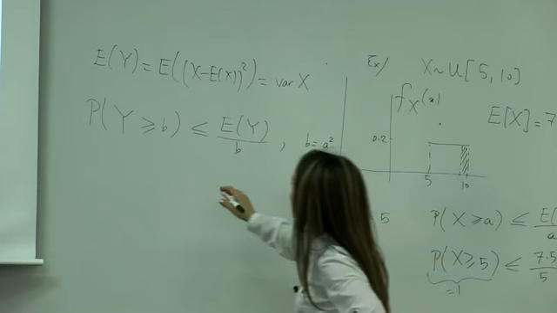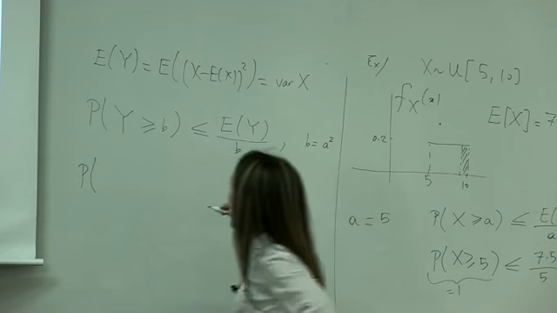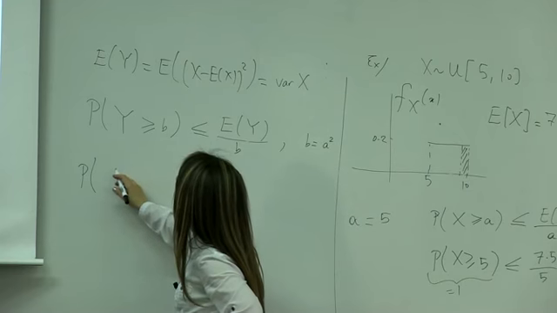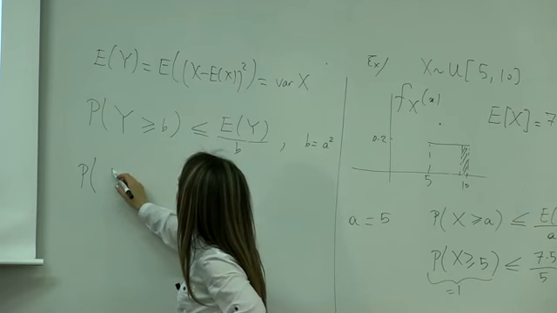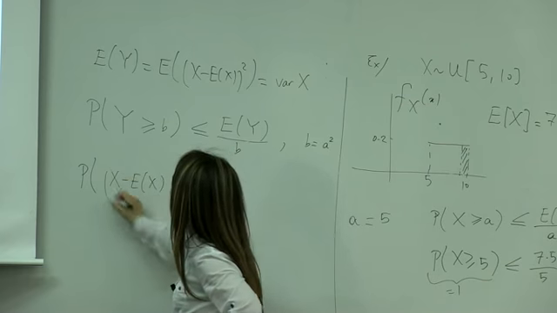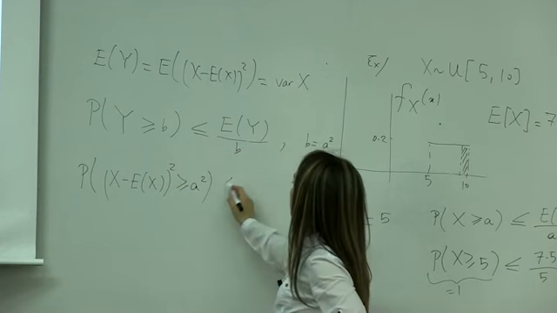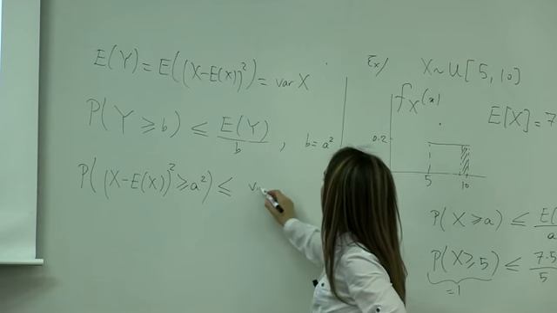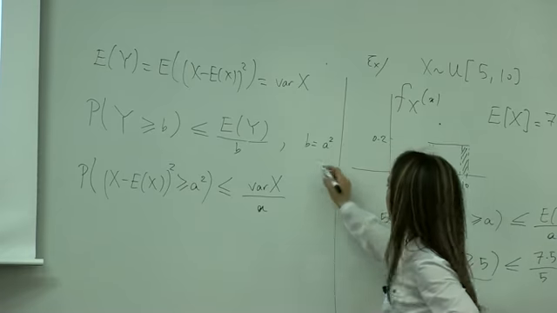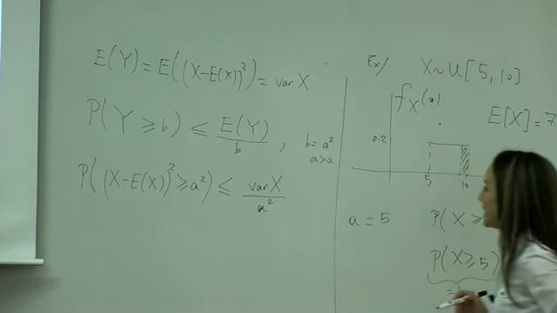So now, the probability that y is bigger than or equal to b, we can write as the probability that x minus expected value of x squared is bigger than or equal to a squared, right? This is less than or equal to the variance of x divided by a squared. Okay? Right.